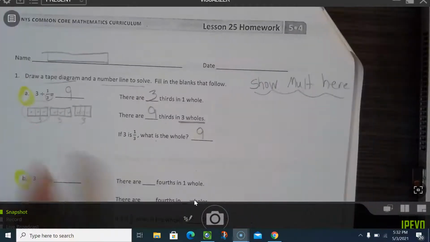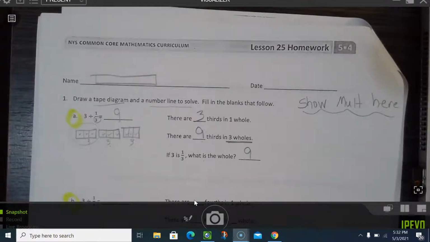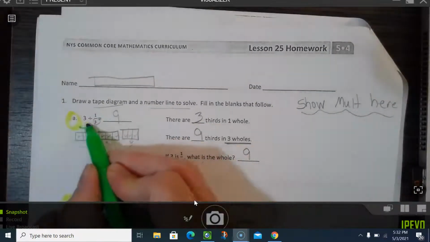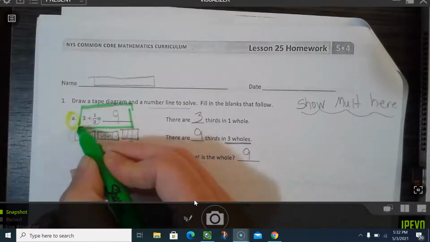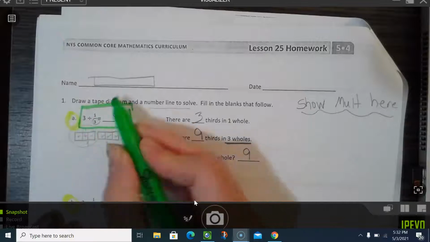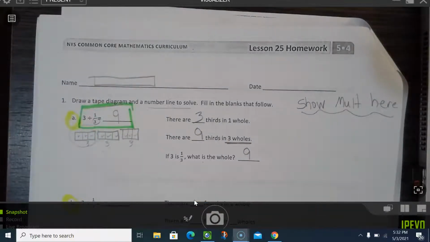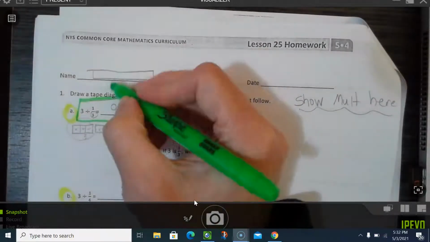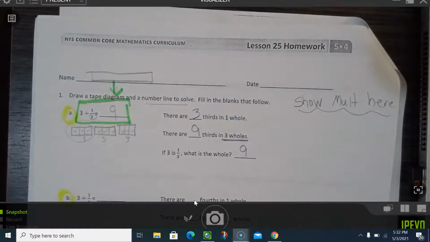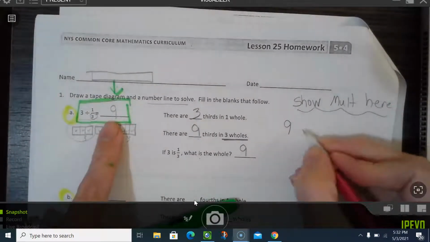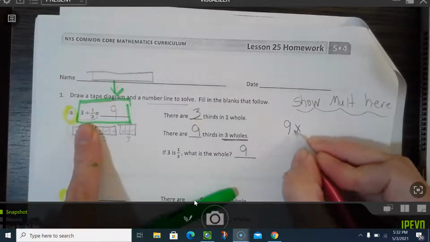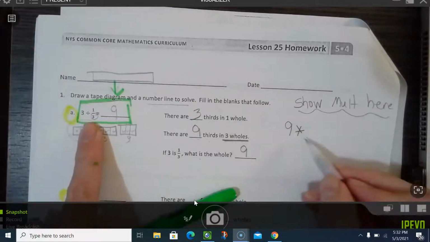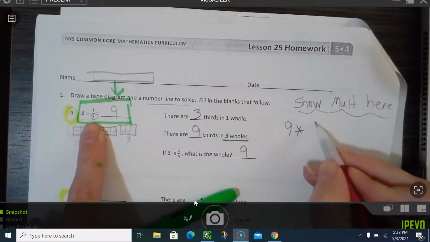Now, we're going to show our multiplication sentence over here. And remember that when we show that multiplication sentence, we're really looking at the dividing sentence, and we're just moving backwards along it and switching division to multiplication. So I'm going to start here with my 9. Instead of divide, I'm going to switch it to multiply, and then 1/3.